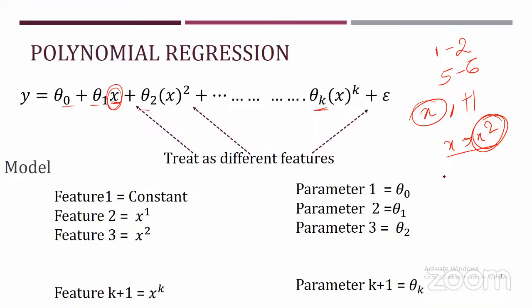So first one is your theta naught, next is theta 1 associated with your X, and next is theta 2, which is associated with your X square. So with the number of polynomial terms you introduce in your equation, the number of parameters is also going to increase.